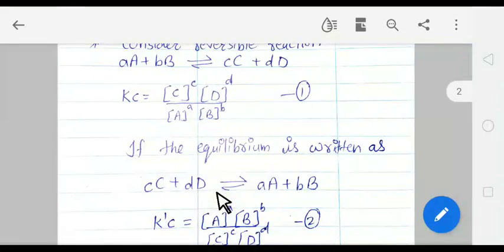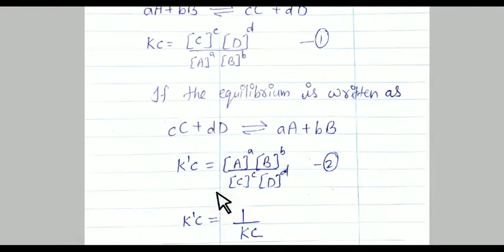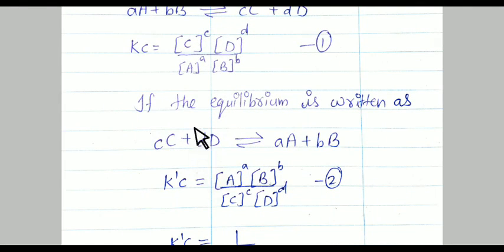This formula we can also write for the reverse reaction. See here, this is the reverse reaction, and in place of Kc, we suppose K dash C. So what is the formula? K dash C is equal to concentration of A raised to a, concentration of B raised to b, upon concentration of C raised to c and concentration of D raised to d.